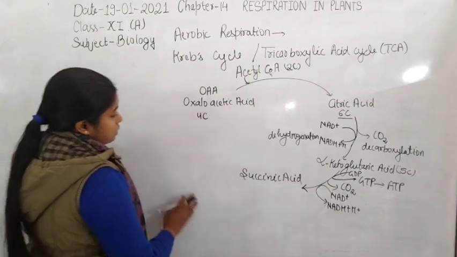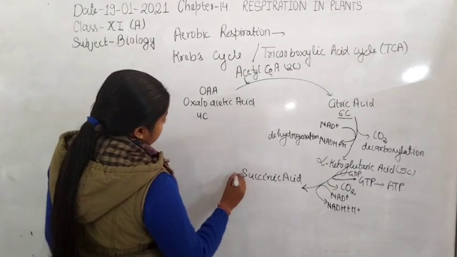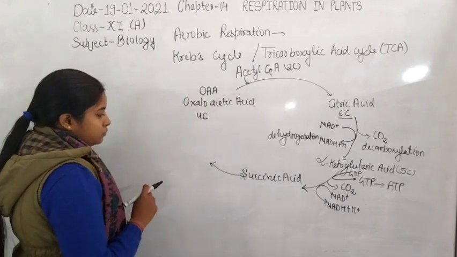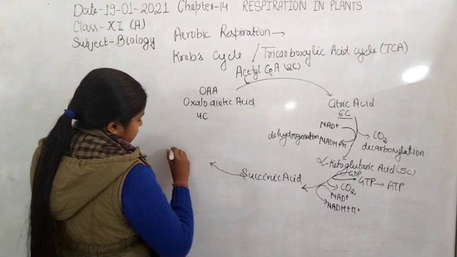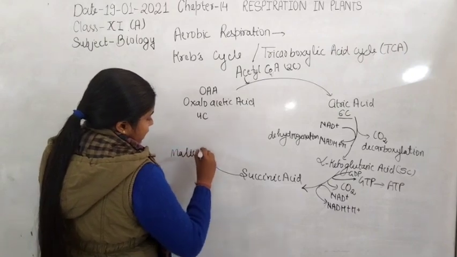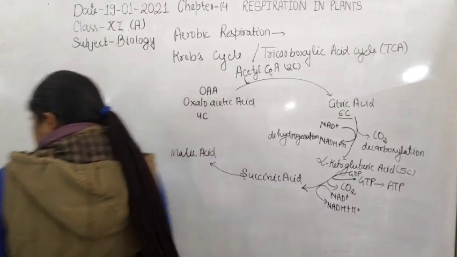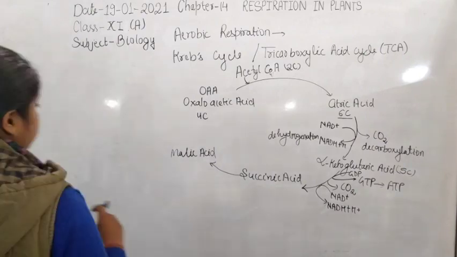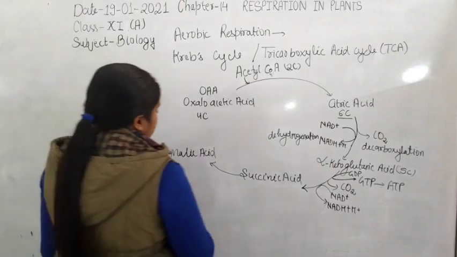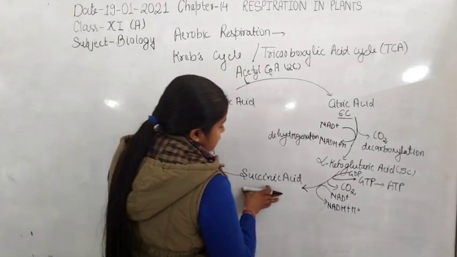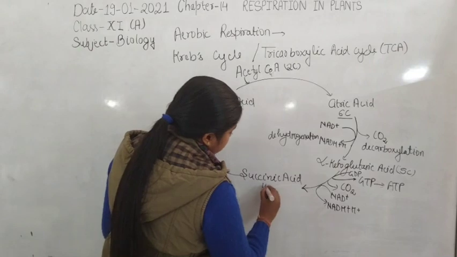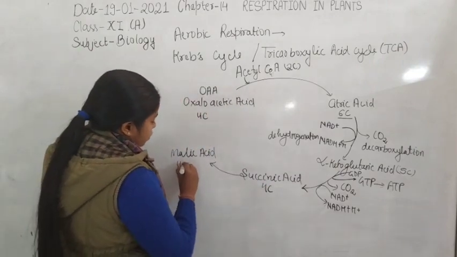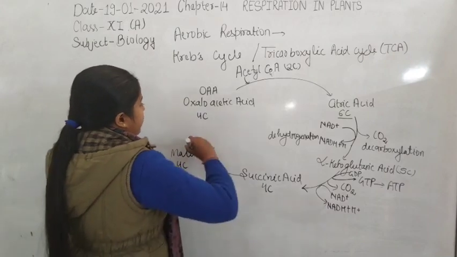Now next, succinic acid is finally converted into malic acid. Here succinic acid is a 4 carbon containing molecule, and malic acid is also a 4 carbon containing molecule.